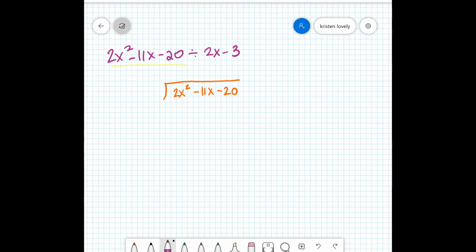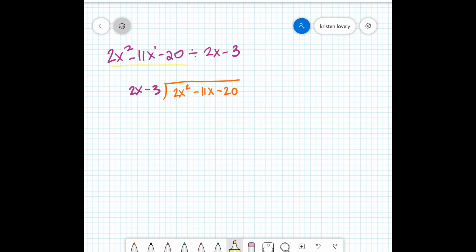I have my 2nd degree term, my 1st degree term, and my constant, so I'm not missing anything. If there were, I would make sure to rewrite this polynomial including all my terms. But I'm not missing anything, so I can just rewrite it the way it is. And I am going to divide by this binomial.